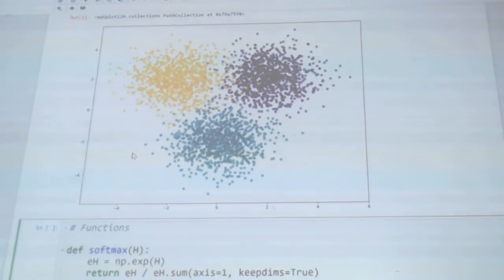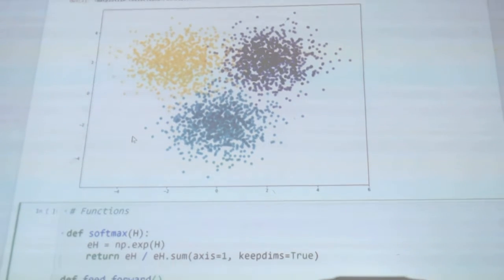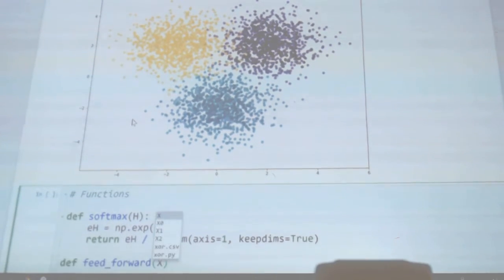Okay, and now I'm going to define a function. You can call it feed forward, you can call it forward propagation, whatever, but this is the function that's going to carry out the forward propagation. It's going to take x, which is our input. It's going to take in a w1 and a b1. For a number of reasons, I do my bias weights separately for artificial neural networks.